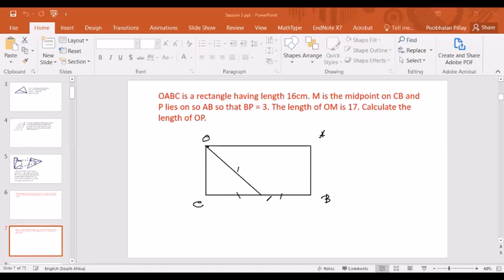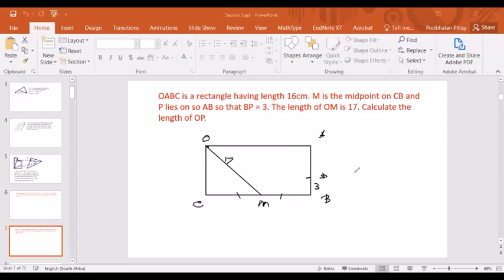So you got OABC is the rectangle and M is the midpoint of BC, as you can see. P lies in AB so that BP is equal to 3. So you got a point here, P, like this, and this is 3. The length of OM is 17.